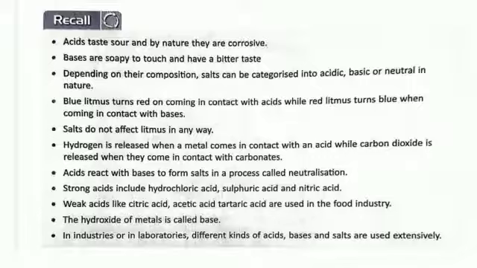And anything related to acid, it means the second or last part is Cl, SO4, NO3, they are acids. And OH and CO3 means they are bases. In industry or laboratories, different kinds of acids, bases and salts are used extensively. We use them too much.